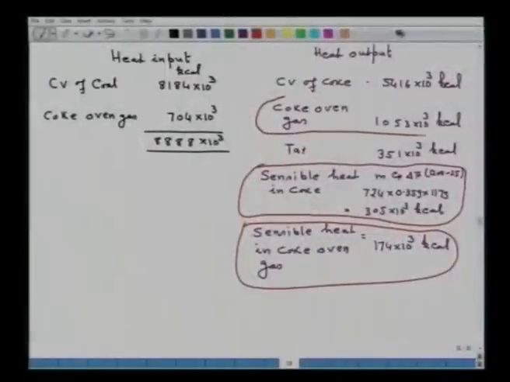Now, here the coke oven gas also possesses calorific value that can be used, and I also would like to draw your attention to the calorific value of coke oven gas. A very large amount of calorific value of the coke oven gas is available. That is what the energy balance suggests to you.